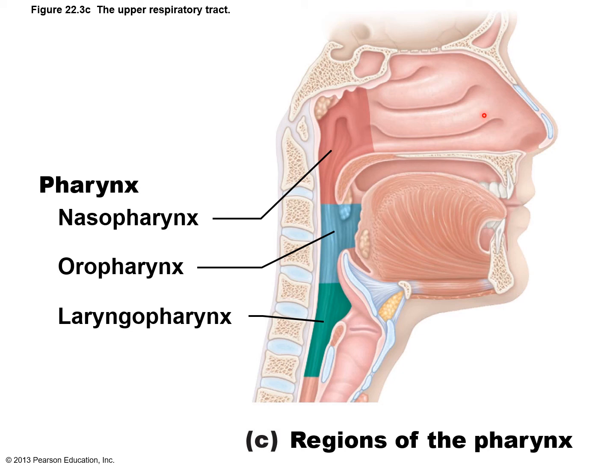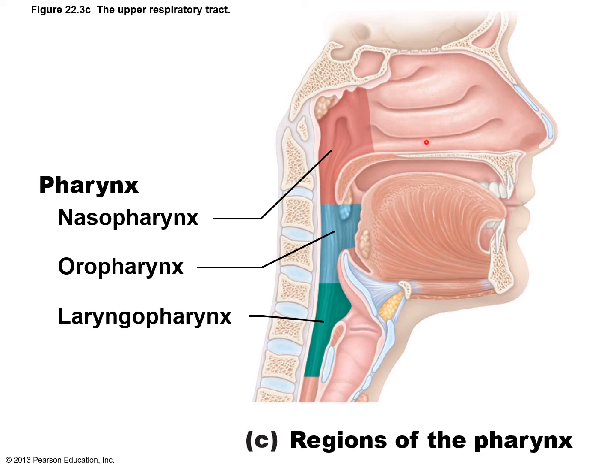So after the air travels into our nasal cavity, from there it's going to pass into our pharynx. Our pharynx is basically our throat. It's a muscular tube made out of skeletal muscles, and it's divided into three regions: the nasopharynx, the oropharynx, and the laryngopharynx.